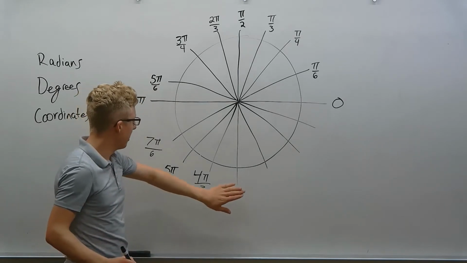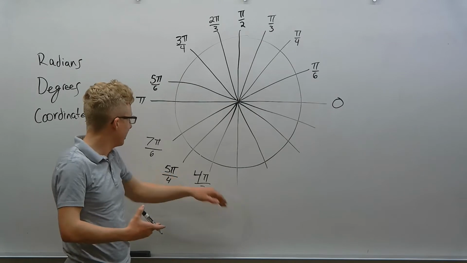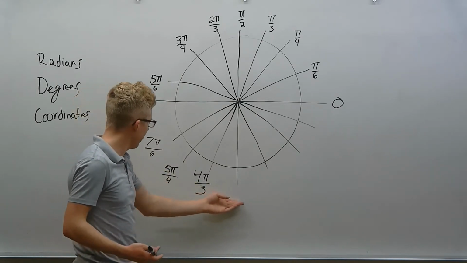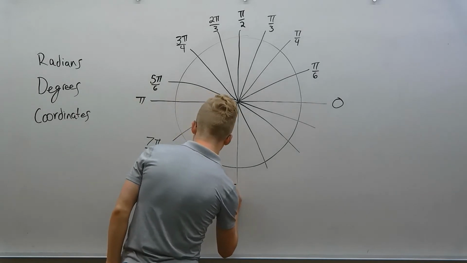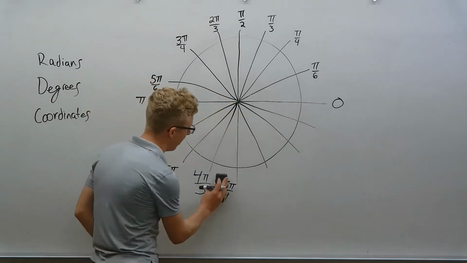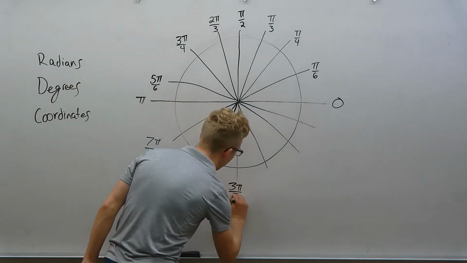And we can say this is 6 pi fourths, or we can say 9 pi thirds. So if we go 6 pi fourths, that's going to turn into 3 pi halves.